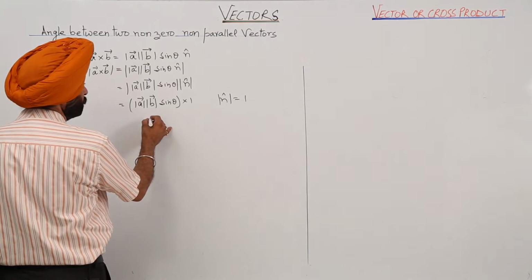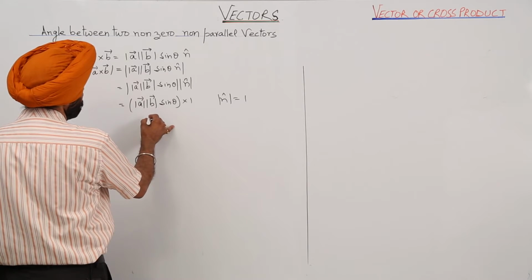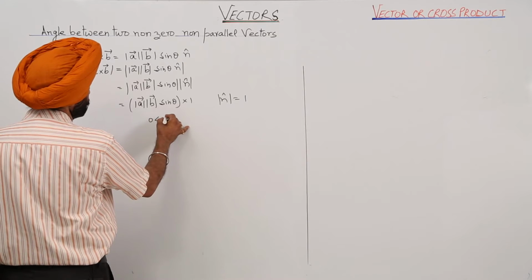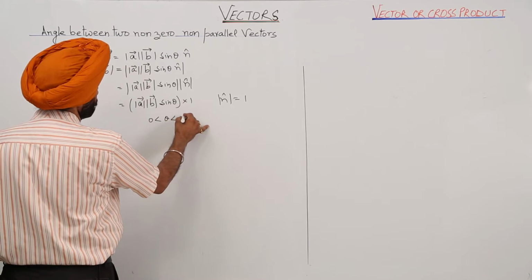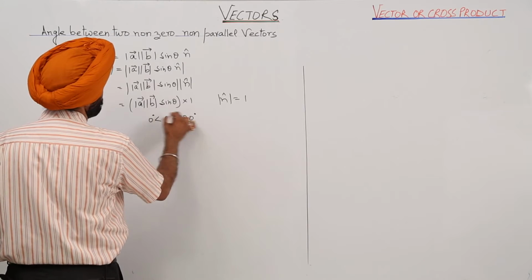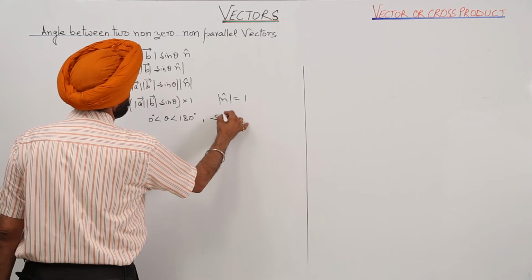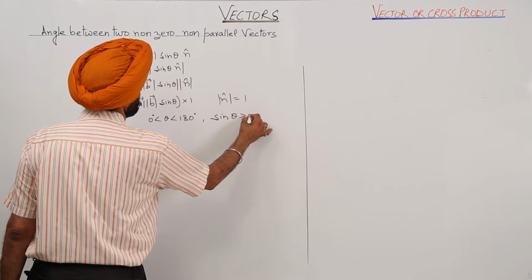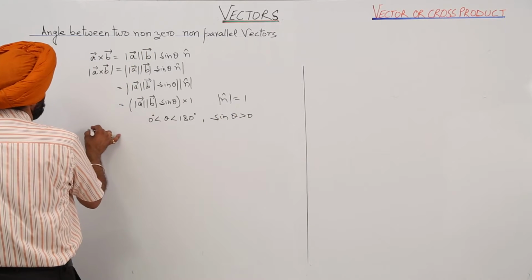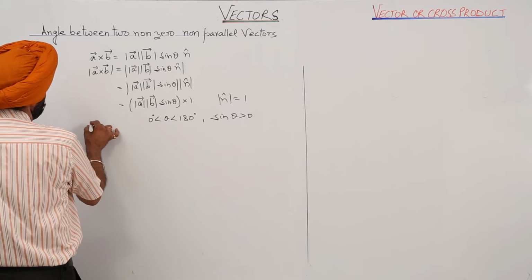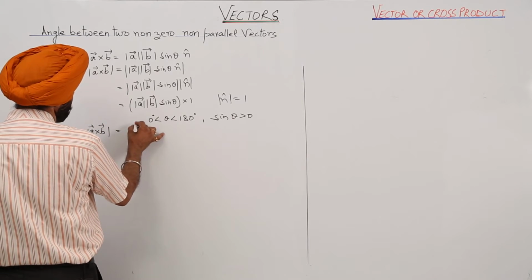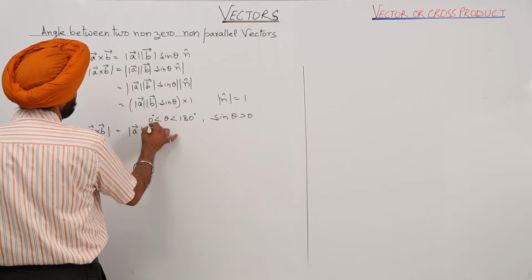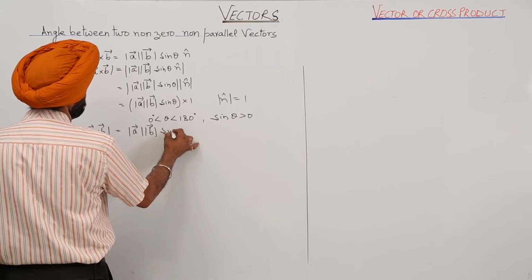Now for theta, 0 is less than theta is less than 180 degrees, or sin theta is greater than 0. Vector A cross vector B has magnitude of vector A, vector B, sin theta.